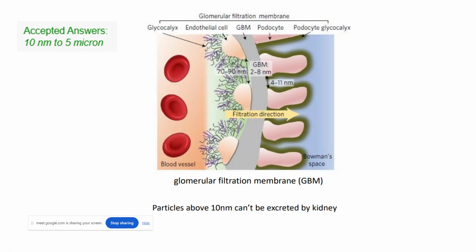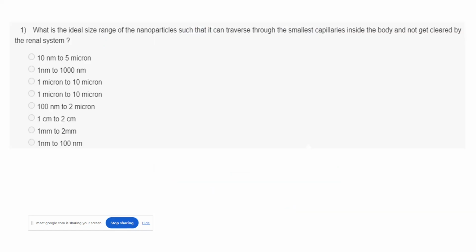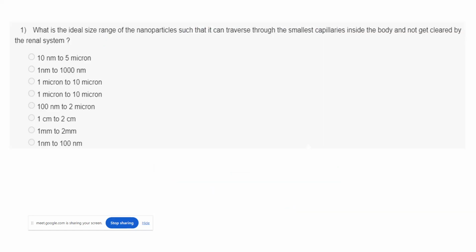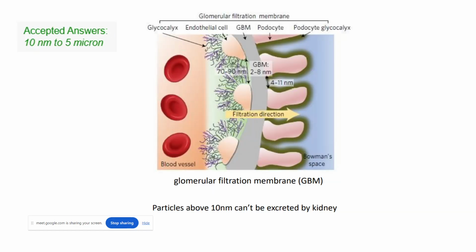The question is asking if it can traverse through the smallest capillaries inside the body and not get cleared by the renal system. If you want your particles to not get cleared by the renal system, you want something above 10 nanometer and up to 5 micron, so that it can traverse through the small capillaries of the blood vessels. So the first option, 10 nanometer to 5 micron, would be the correct answer.